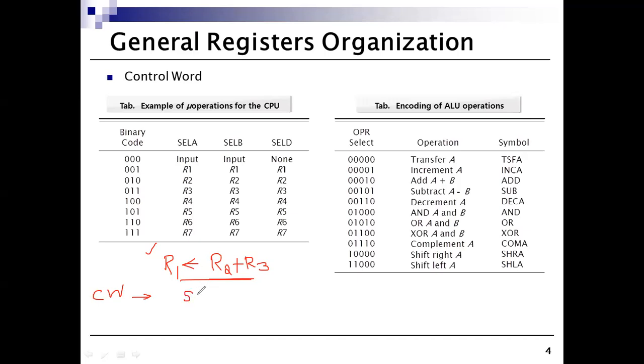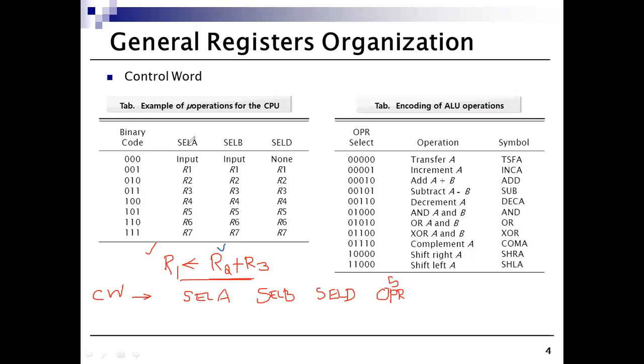Your control word should have 3 bits of SELA, another 3 bits of SELB, and another 3 bits of SELD, which specifies the destination register, and after that the operation bits OPR, which is 5 bits. SELA, the first operand is R2, so it has to select R2.